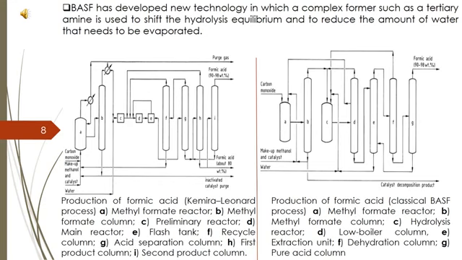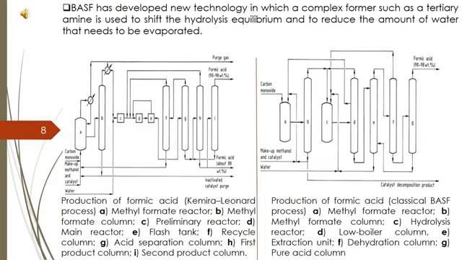But here in the BASF process there are 4 columns: D, E, F and G. D is called the low boiler column. E is the extraction column. A new column is introduced, that is an extraction column. Before that, in the Kammer-Lennard process, the flash tank was there first of all.